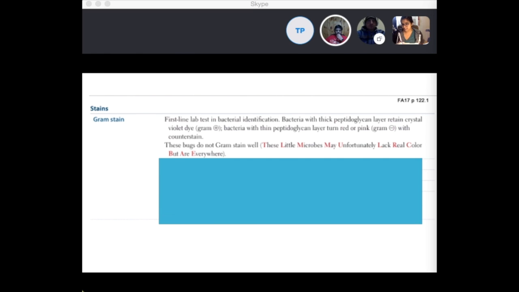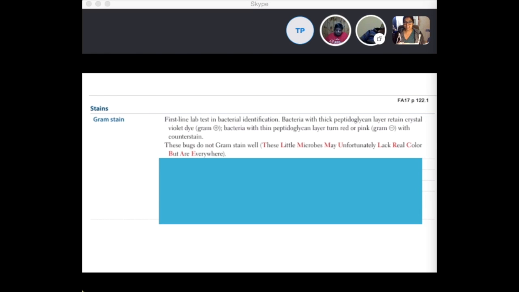Alright, so we're first going to talk about the Gram stain, which is the first line lab test in bacterial identification. This stains the peptidoglycan layer, and if your bacteria retains the crystal violet dye, it will be gram positive.